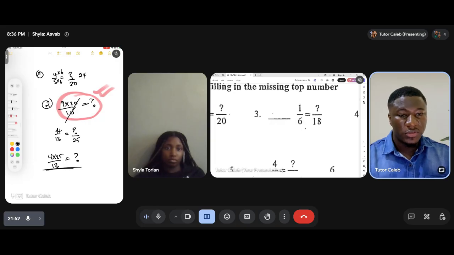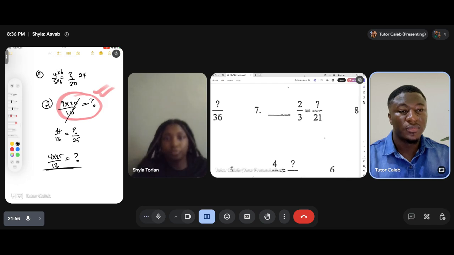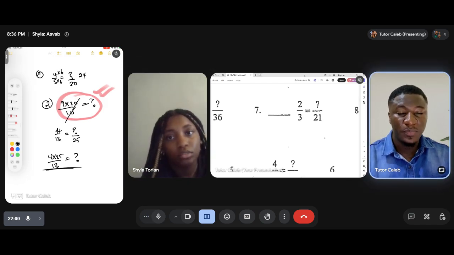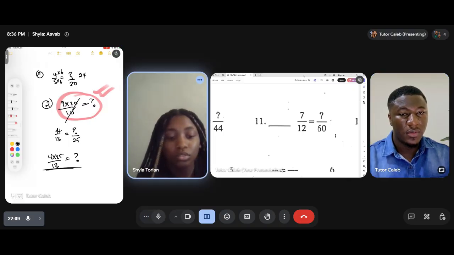So question 3 was too easy. Let's move to something else. Question 7, sorry. 14. How many? 14, correct. 11, what is missing? 12.